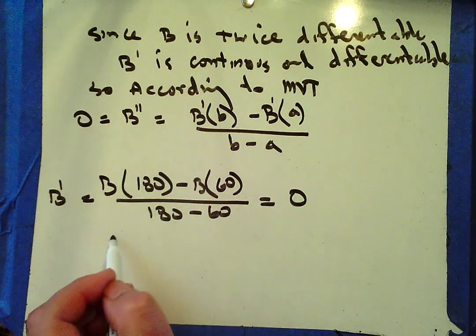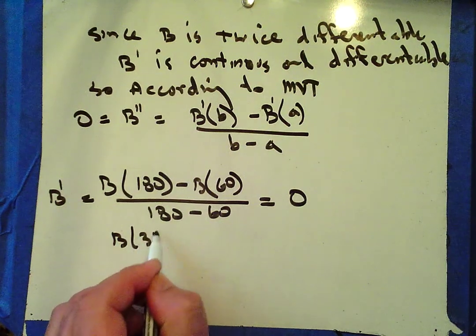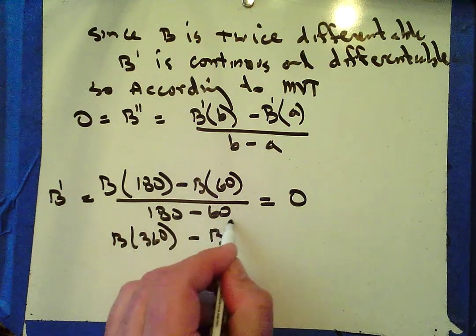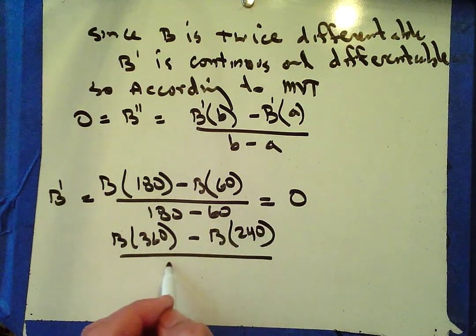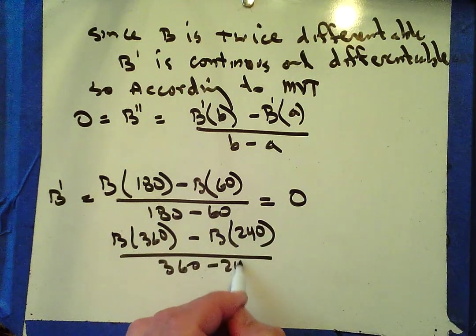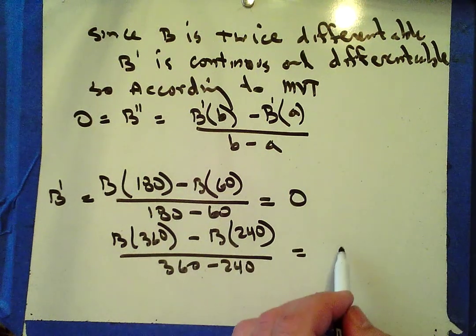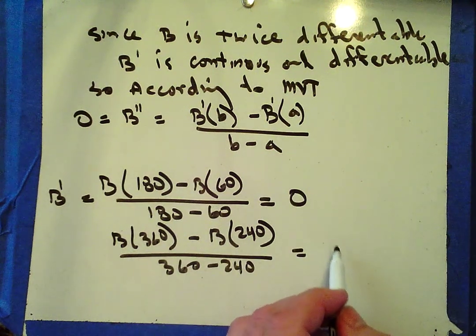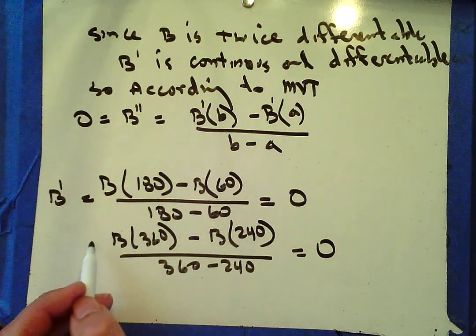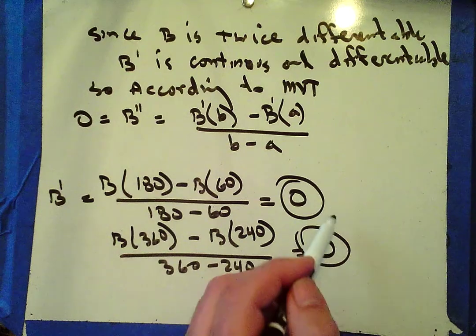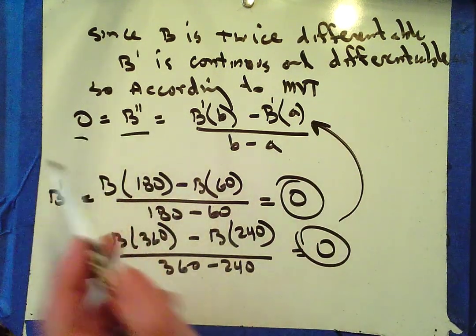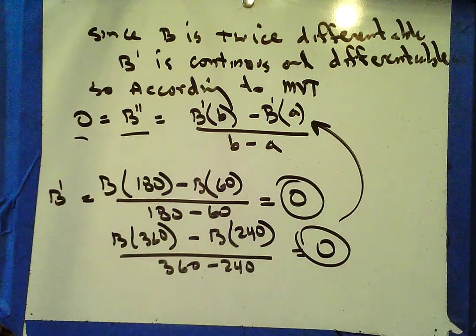And then if I look at B of 360 minus B of 240 over 360 minus 240, then I get, lo and behold, 26 minus 26, or 0. So I do have two places where B prime will be equal to 0, and therefore B double prime must equal 0. That's a lot of explaining to have to do.